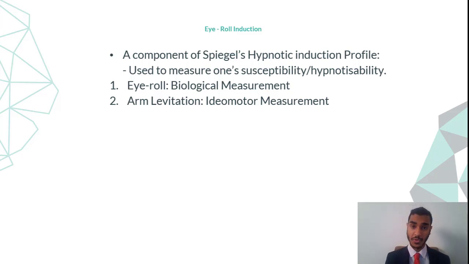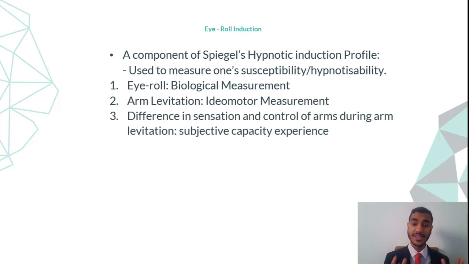susceptibility to hypnosis. And the third aspect is known as the difference in sensation and the control of the arms during arm levitation. Okay, so what I mean by that is the individual's own experience of their arm levitating in comparison to the other arm.